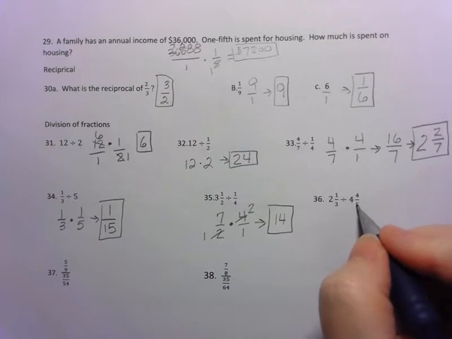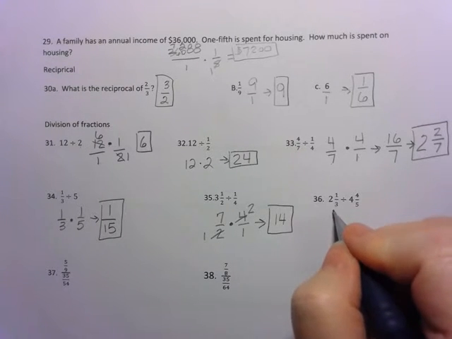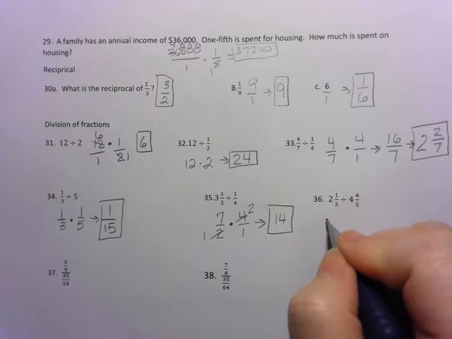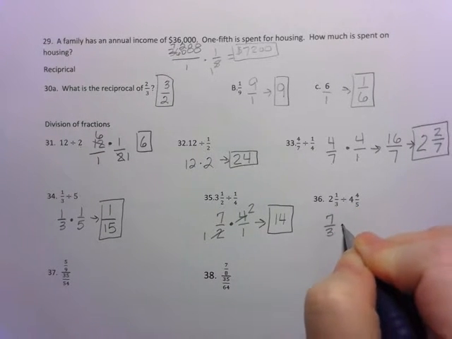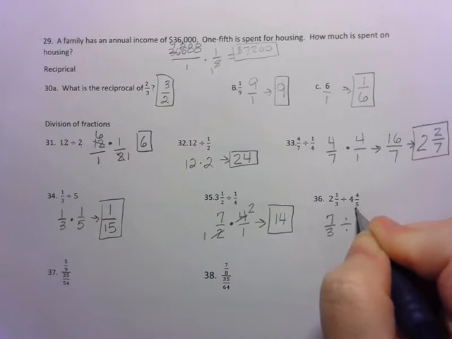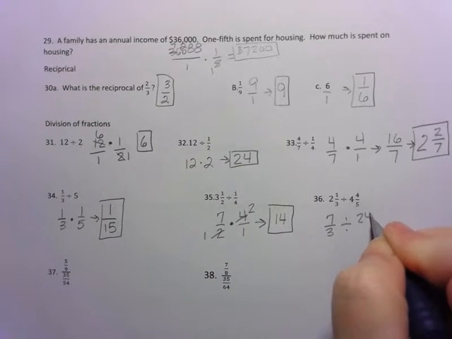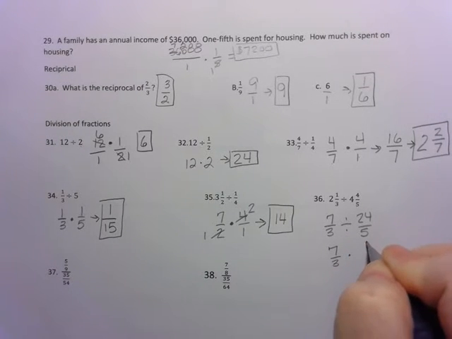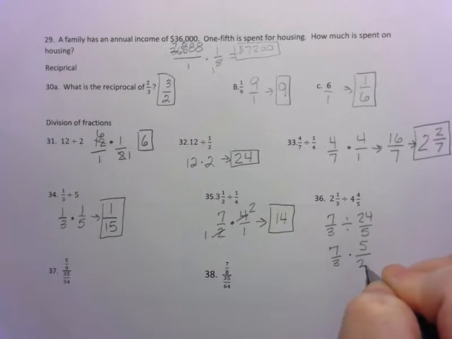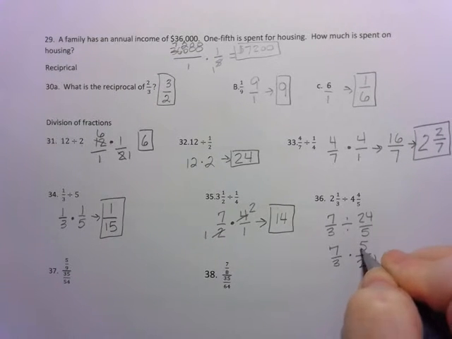I'm going to turn these both into improper fractions. So I have 7/3, and I'm going to divide by 24/5. So my next step would be 7/3 times, and I'm flipping it, or multiplying by the reciprocal.